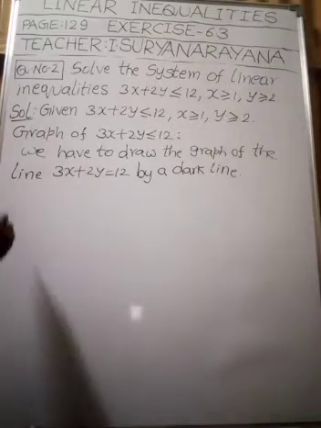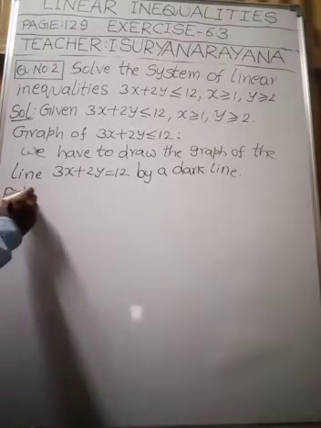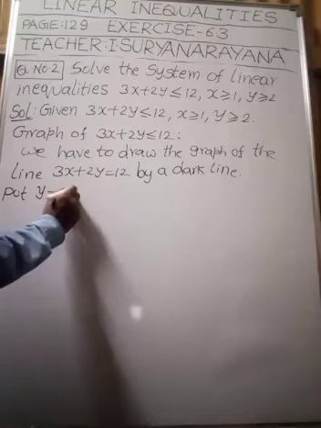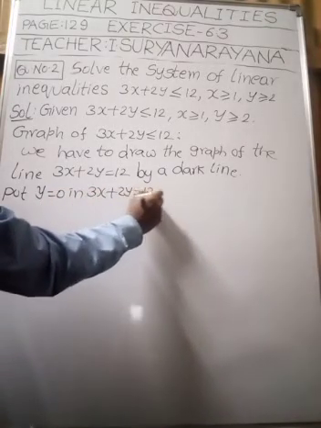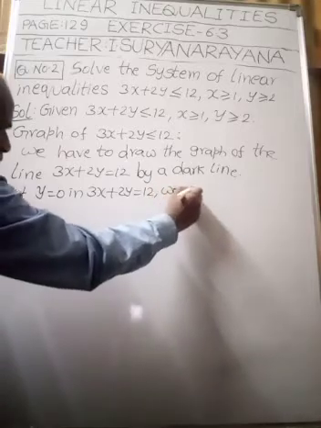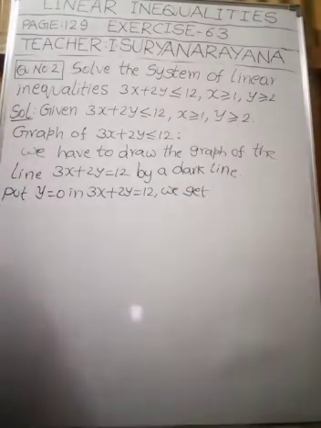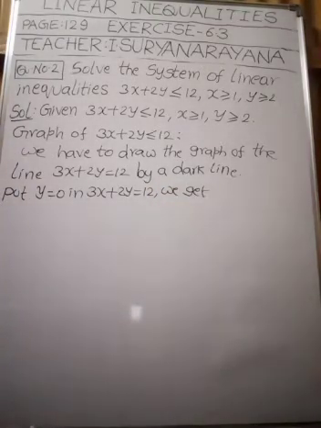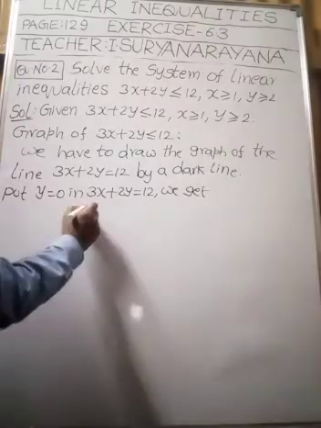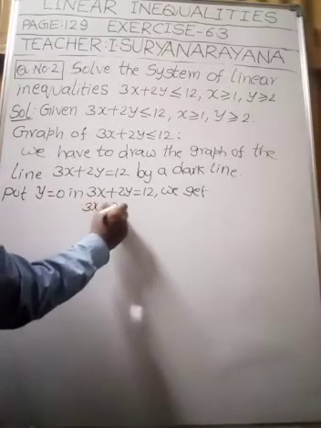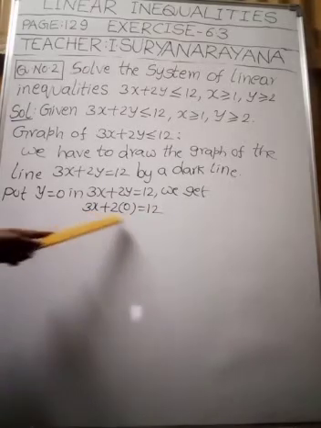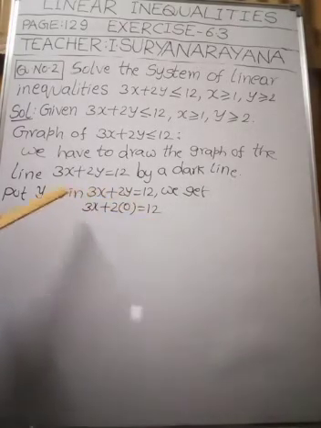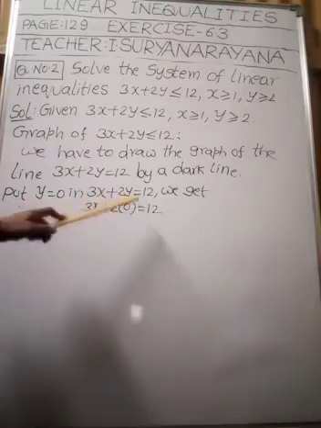Right. So to draw the graph of the line 3x plus 2y is equal to 12, what should we do? Put y is equal to 0. First step, put y is equal to 0, then what will you get here? If you put y is equal to 0, 3x plus 2 into 0 is equal to 12. Understood this step, my children? I substituted y is equal to 0 in this equation.